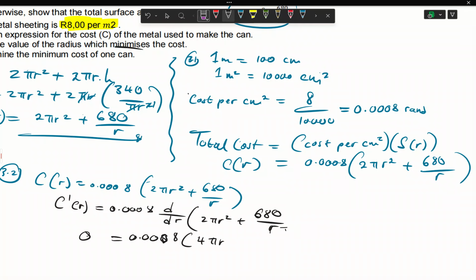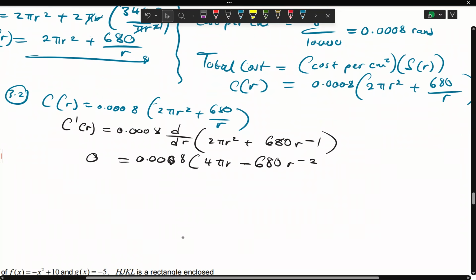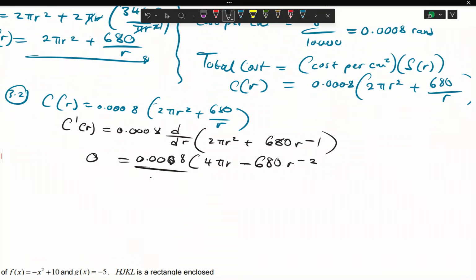And remember, I should have taken the reciprocal of this. Let me erase here so that I can take the derivative there. Nice, guys, using the basic derivative rules. So remember, this is 680 r to the power minus 1. So when you take the derivative of this, you'll have negative 680 r to the power minus 2. Yeah? You always subtract by 1, reduce by 1. So we divide both sides by 0.0008.